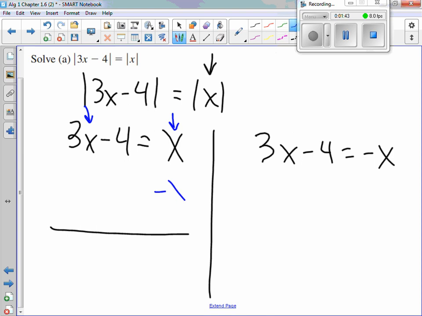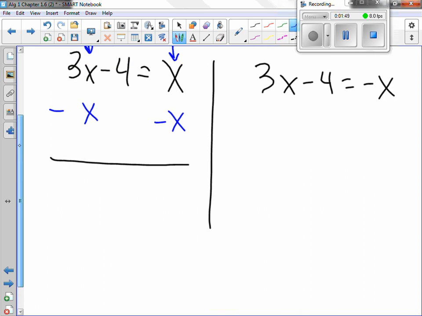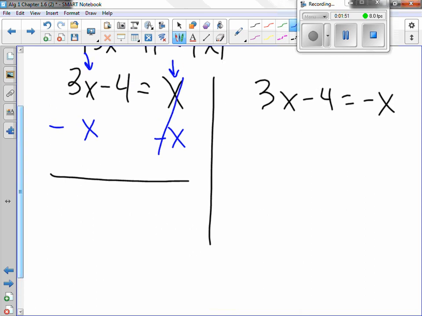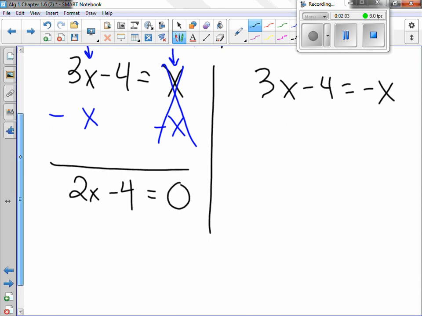So we can by subtracting x from both sides. Because when we subtract x from both sides, x minus x will cancel, leaving us with 0, yes? 3x minus x is 2x minus 4. So we have all the x's together, yes?